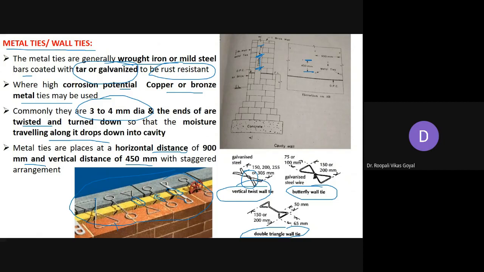It is generally 450 mm, and the horizontal distance between the two metal ties may be around 900 mm. That is generally kept, and generally they should be arranged in a staggered way. It should not be continuous, they are arranged in a staggered way. So these metal ties are a very important part of the cavity wall that provides the interconnection between outer and inner leaf.